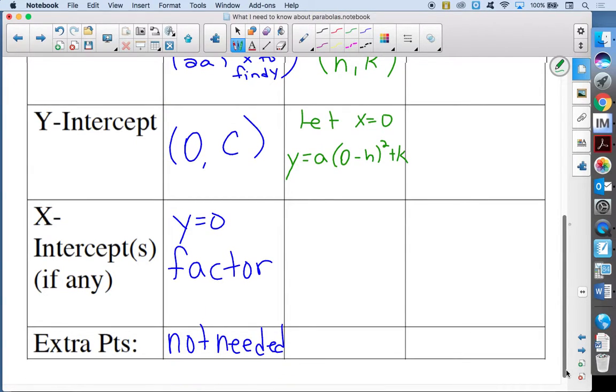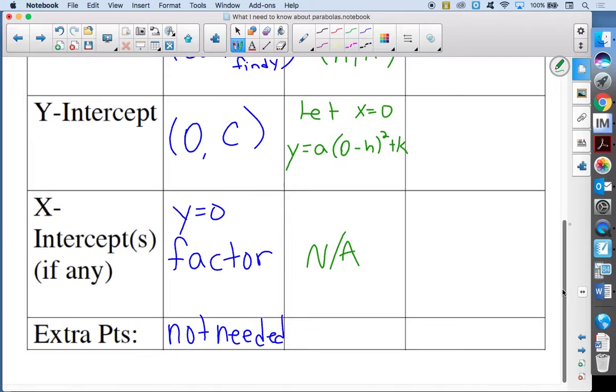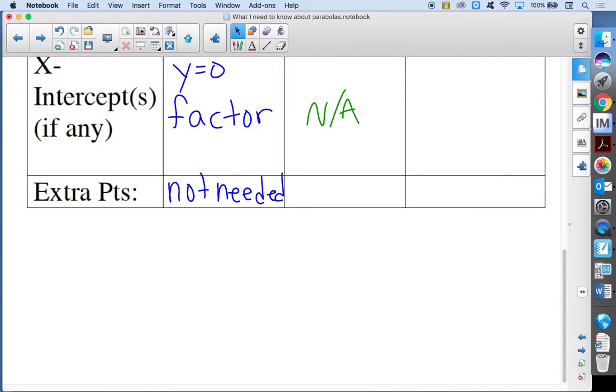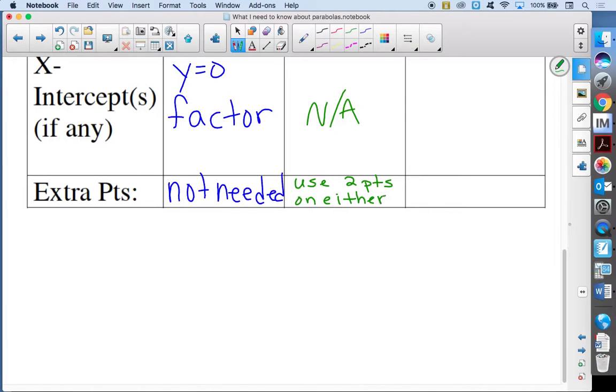The x-intercepts we won't be able to find when it's in this form. So we won't get x-intercepts in this form, but we will find those 2 extra points by making that t-chart and picking 2 points on either side of the axis of symmetry.